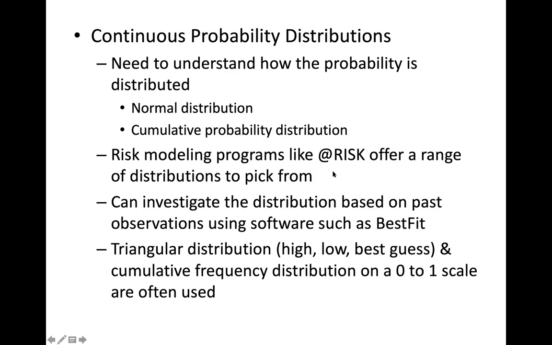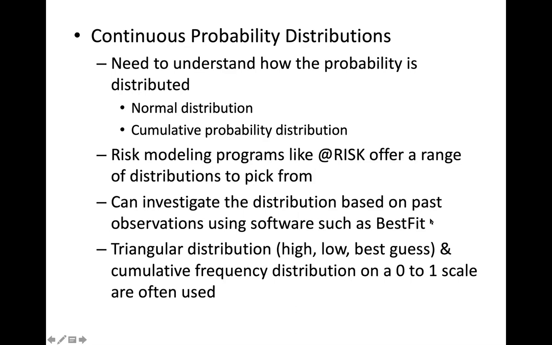And then we have our risk modeling programs that will actually look at data and tell you what distribution it most likely has. Or you can try to best fit it with best fit software.